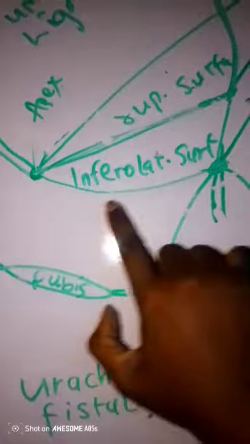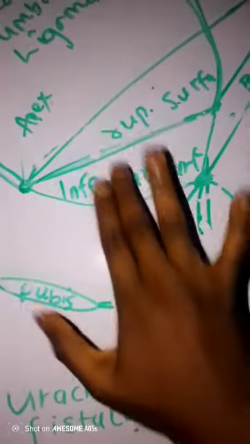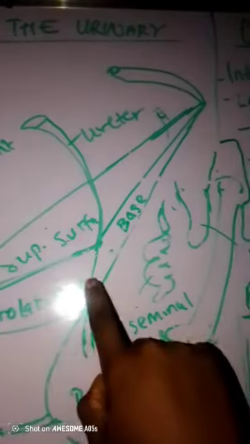We have the anterior border that separates the two inferior lateral surfaces. We also have the posterior surface here. Okay, and you can see that the superior posterior angle is where the ureter pierces into the base of the bladder.